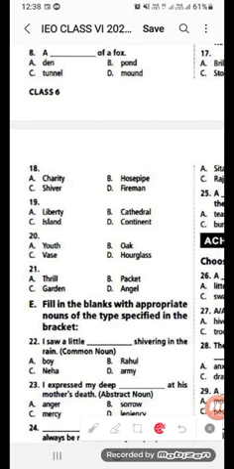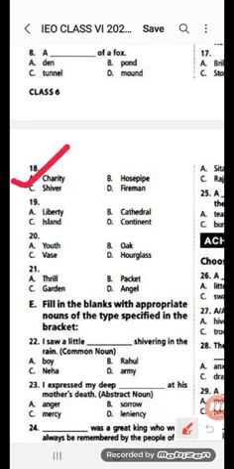Fireman. Fireman is a person employed to extinguish fires. So the words hosepipe, shiver, fireman aren't examples of abstract nouns, whereas charity is an example of an abstract noun. So we can choose the option charity.